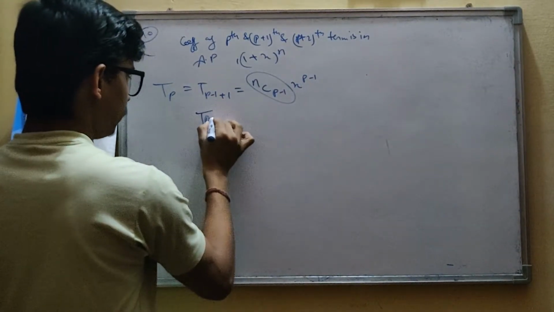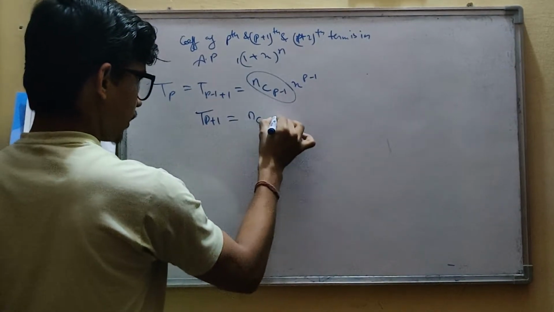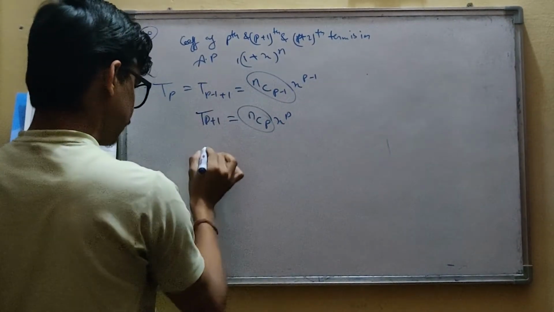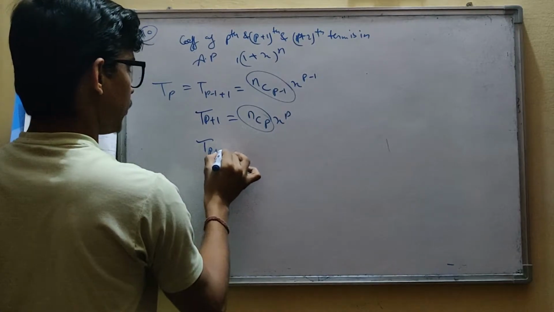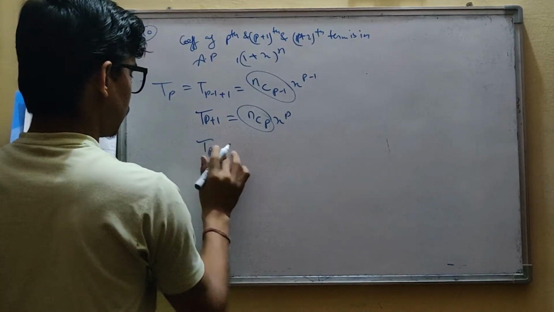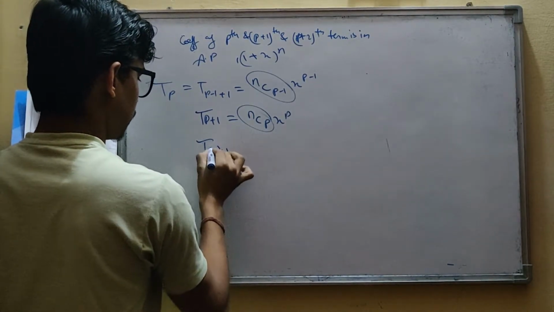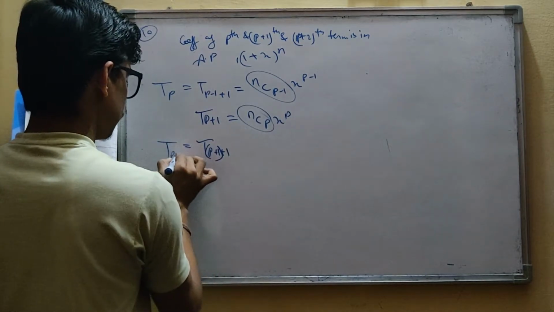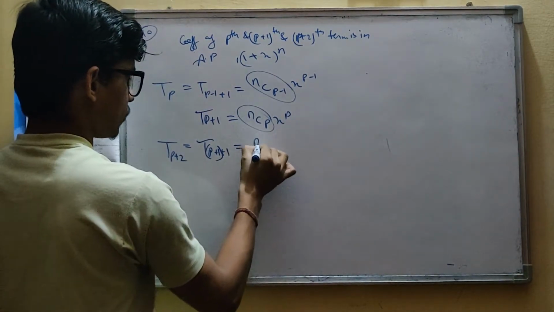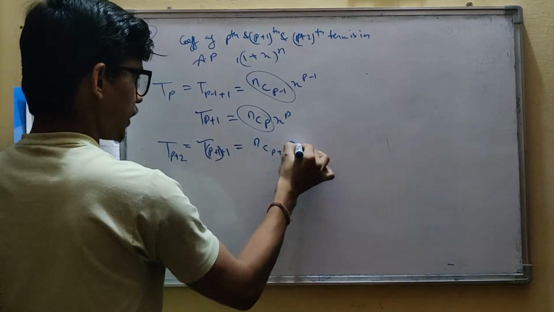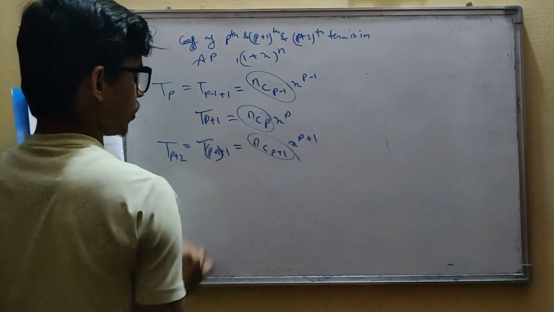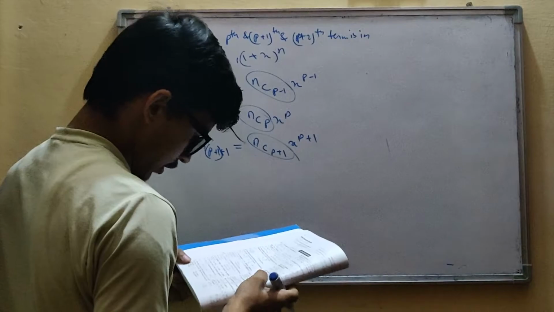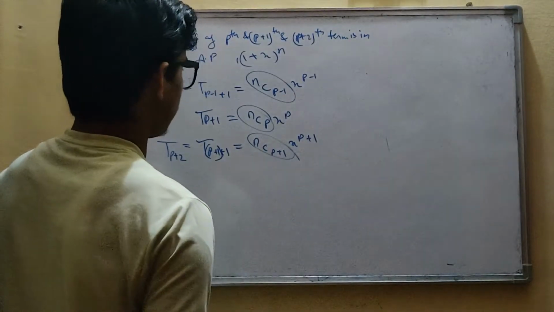And the p plus 1th term is nCp x to the power p. This is the coefficient. And p plus 2 can be written as p plus 1 plus 1, so it is nC(p plus 1) x to the power p plus 1. This is the coefficient, right?